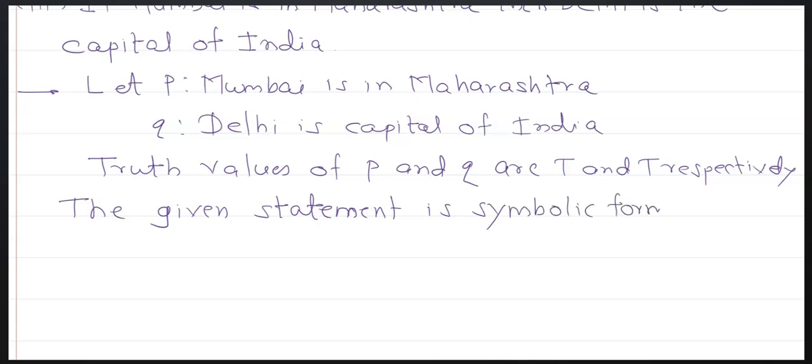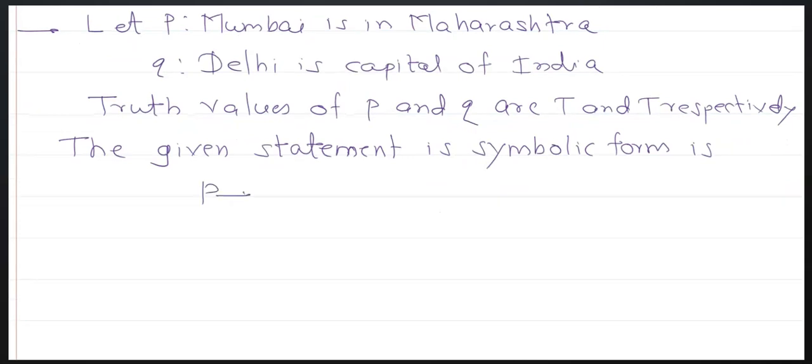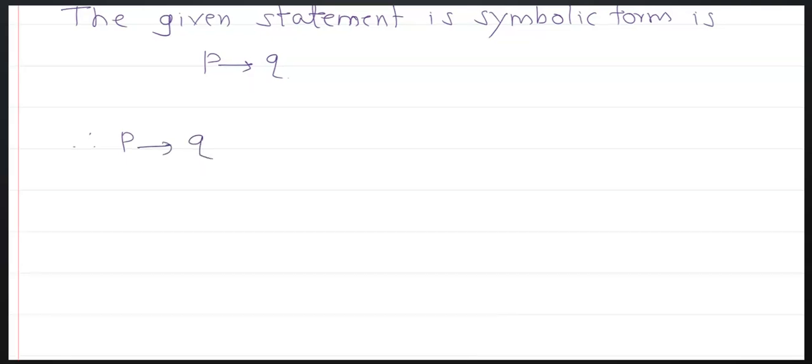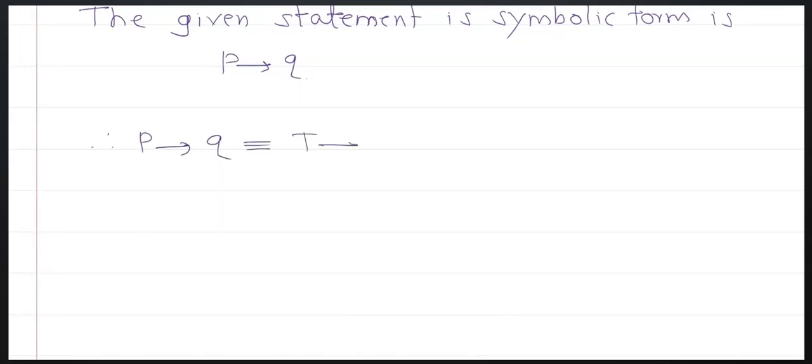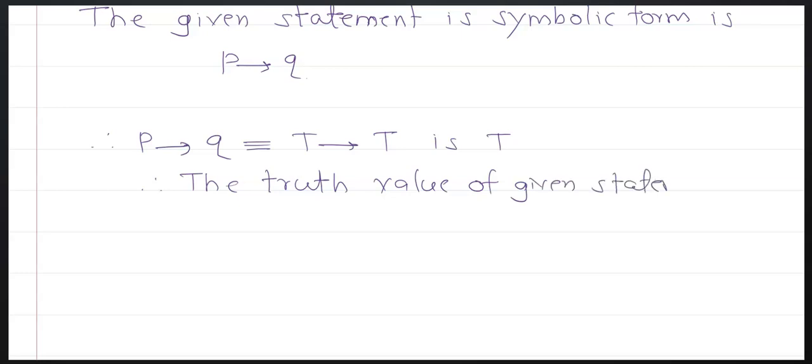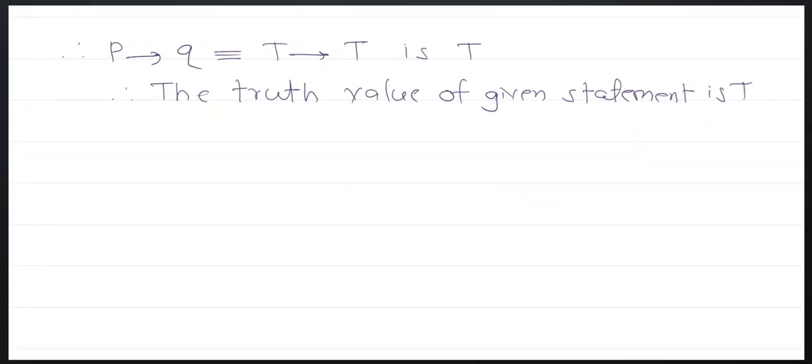That is one statement. There is a T implies T. How will you remember the implication table? If both of them are same, then it is true. Otherwise, what implies?